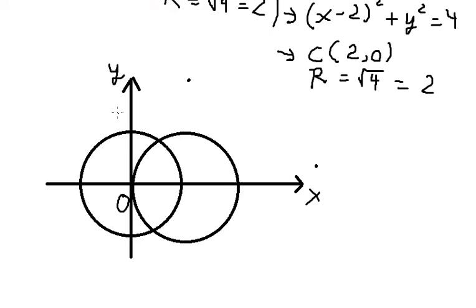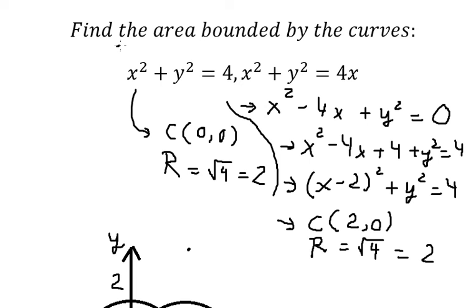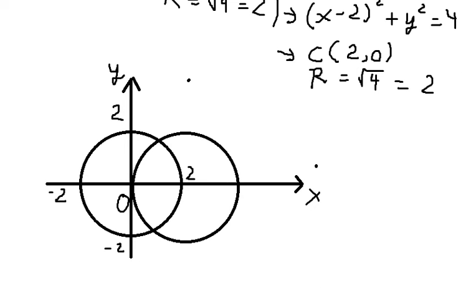So this is 2, negative 2, and negative 2. They want us to find the area bounded by the curves. So the area we need to concentrate on is this one.